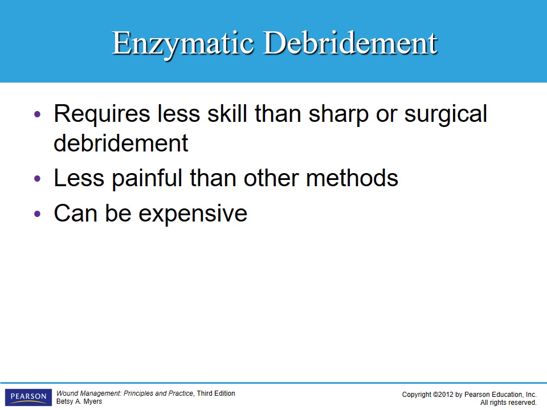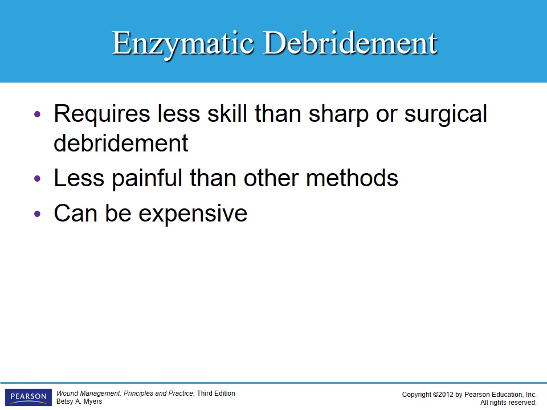It requires less skill than sharp or surgical debridement. It's less painful than other methods. It can be expensive because Santyl, those collagenases, are expensive. There used to be another one on the market called Accuzyme, but every now and then the FDA decides, for a while they decided Santyl wasn't something that needed to be on the market, and they took it off for a few months and then they put it back on. And Accuzyme was the only thing you could get. Well, now they've decided maybe Accuzyme is not the best thing that you should be using, so they've taken it off the market.